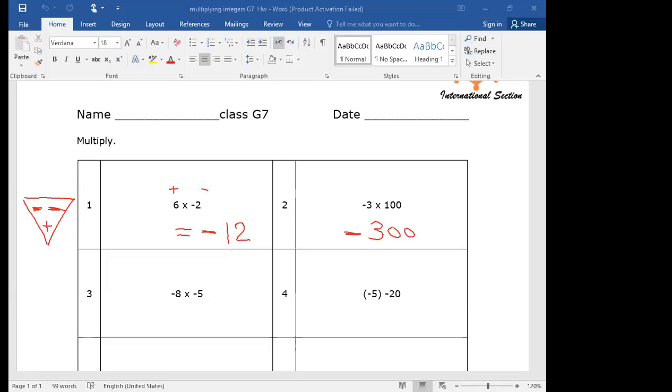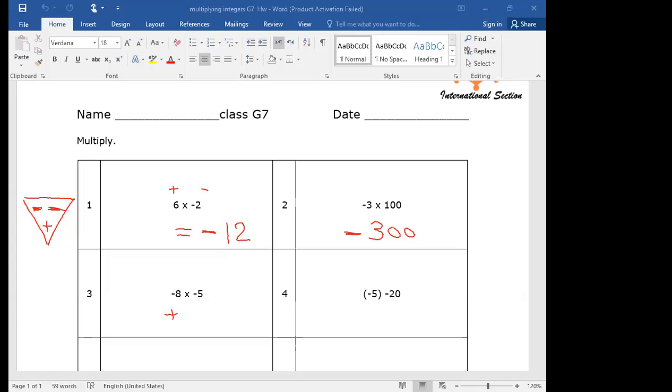The third question. Negative 8 multiplied by negative 5. The answer will be what? Positive, right? So the answer will be positive.